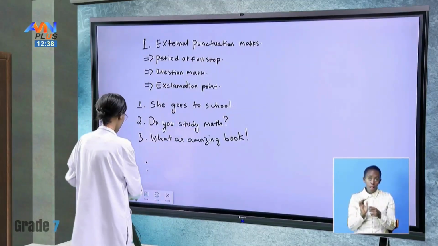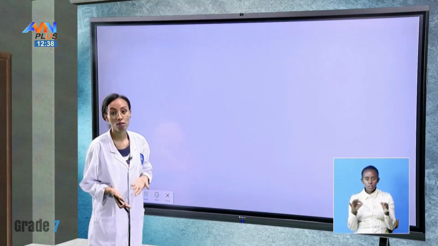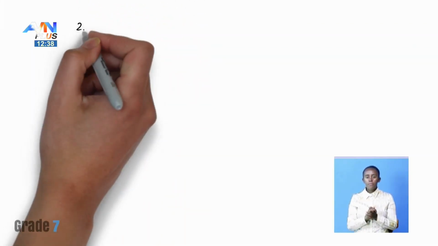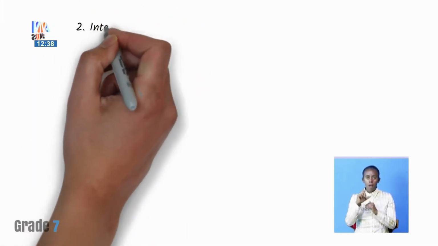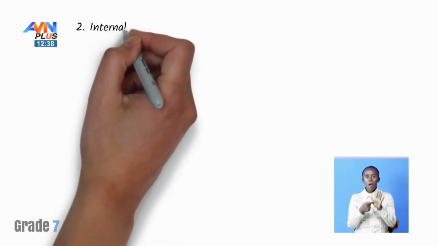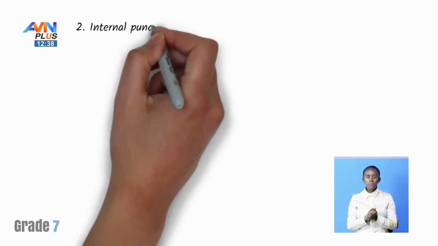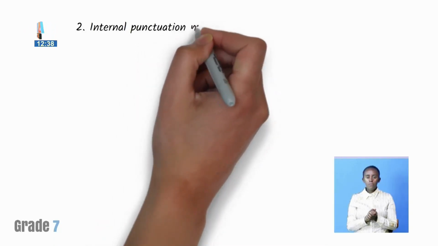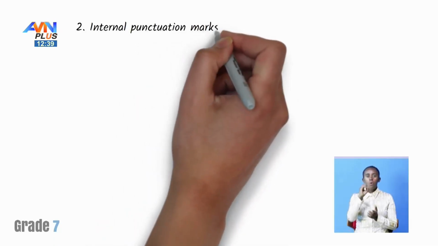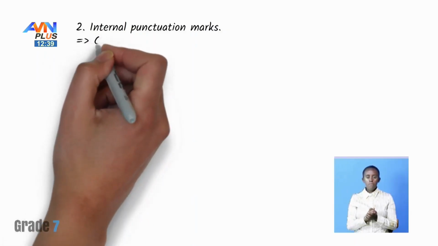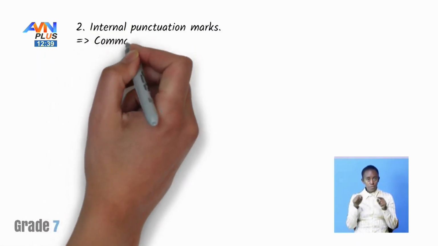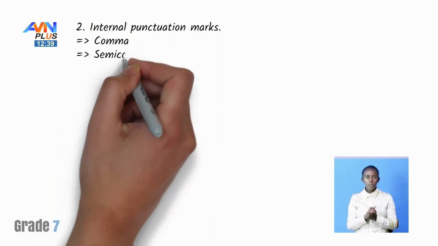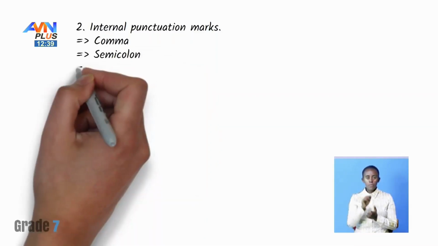What about, let's see a few examples of internal punctuation. The second one is internal punctuation marks. For example, comma, our topic for today, we have semicolon, colon.